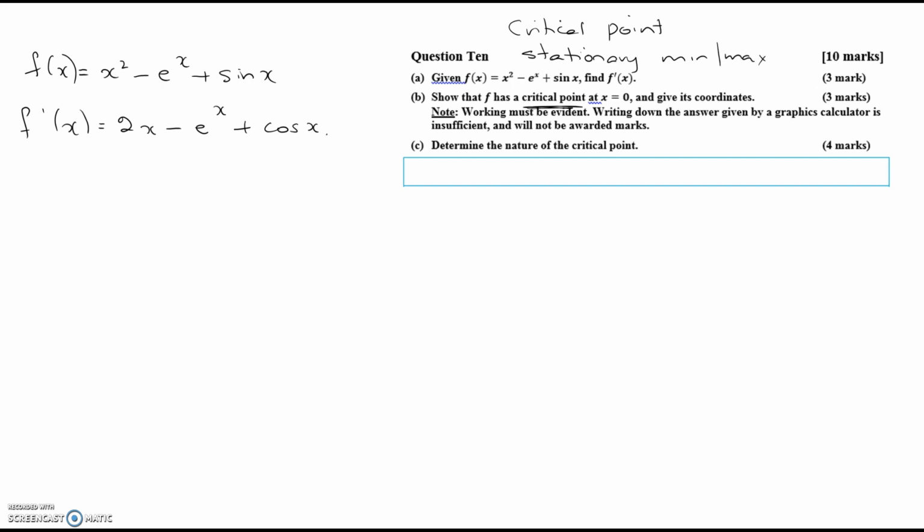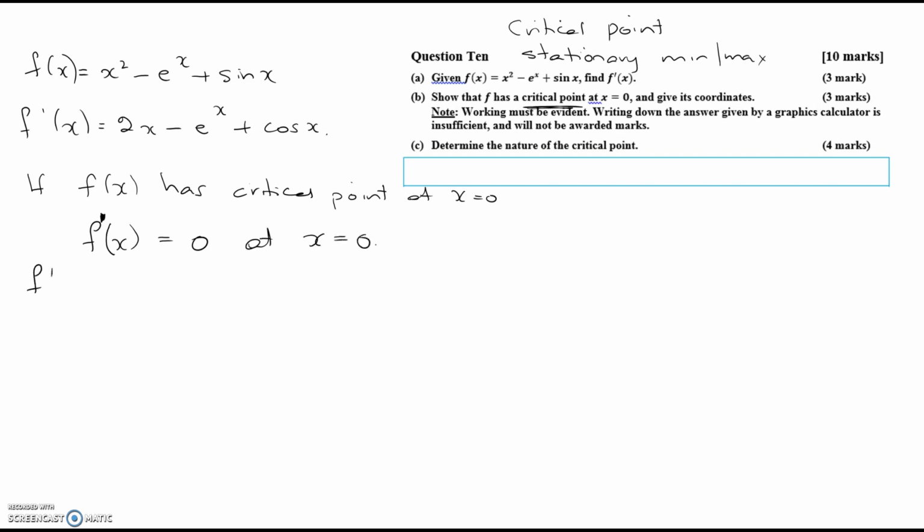So, if it does have a critical point at that position, x equals 0, then we know that the derivative is going to equal 0 at x equals 0.